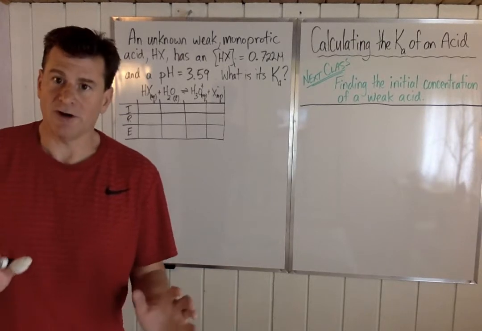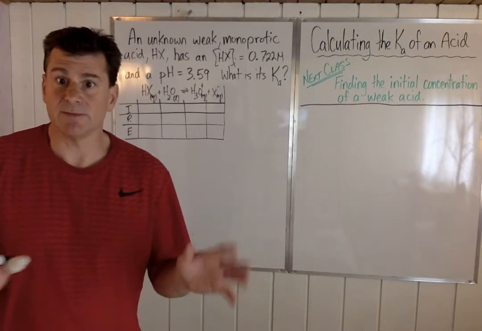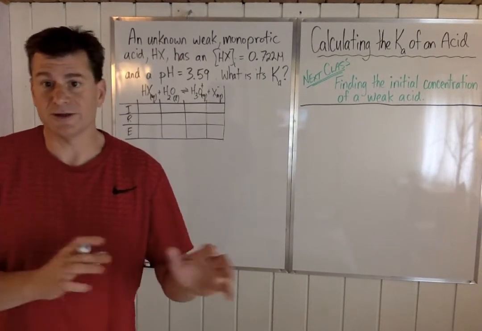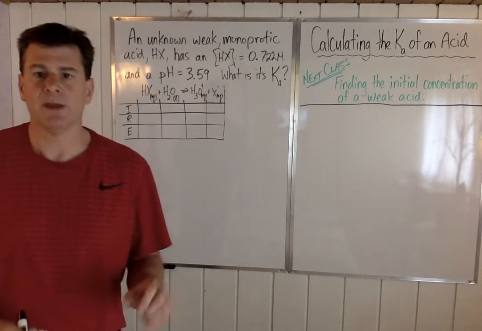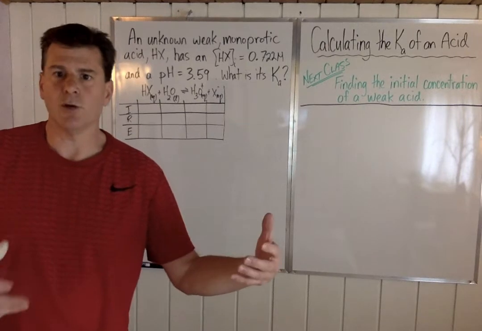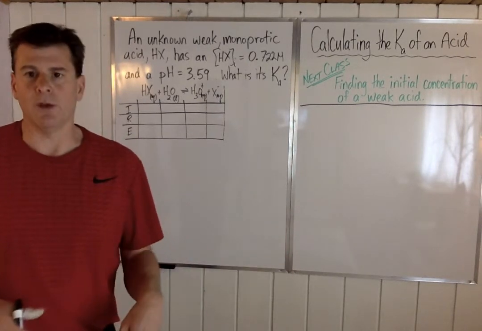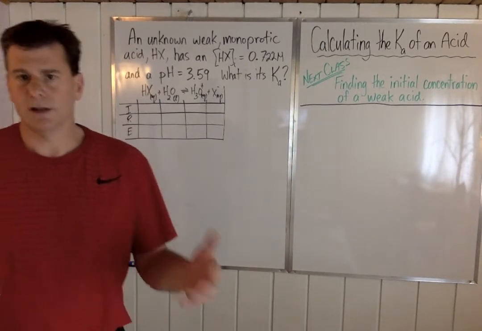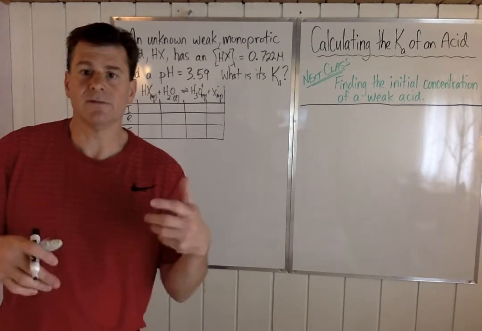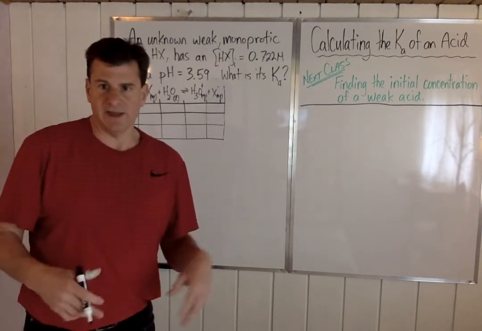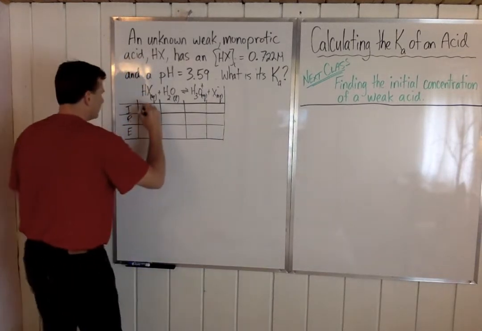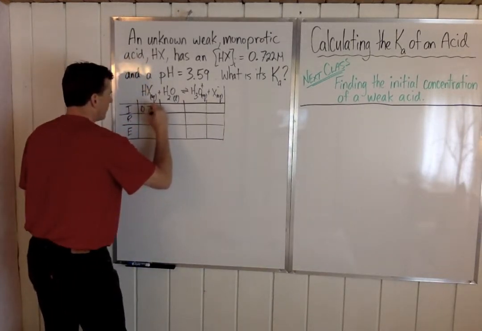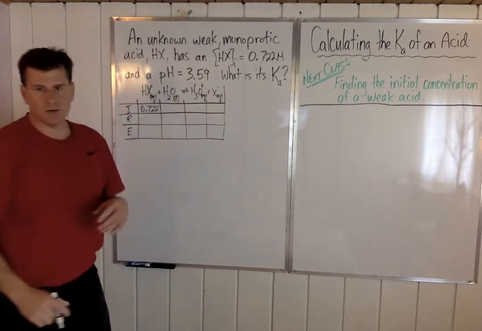Don't panic that I have an R and other people might have a C. It doesn't mean I'm right or wrong, or that your teacher's right or wrong. It's just semantics. So that middle line is the changes that go on during the reaction. So what do we know? Well, clearly we know the initial concentration, which the titration in the history of this question told us: 0.722.